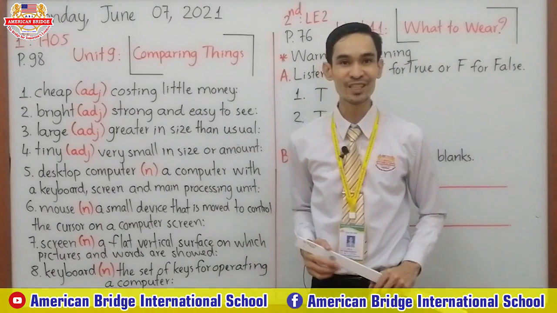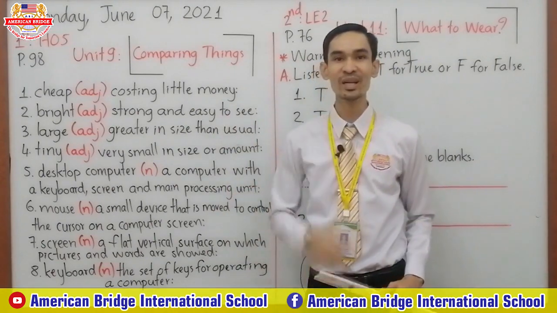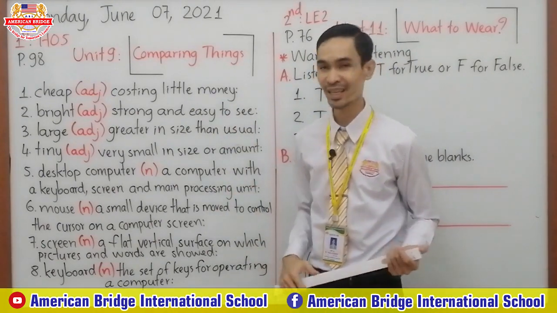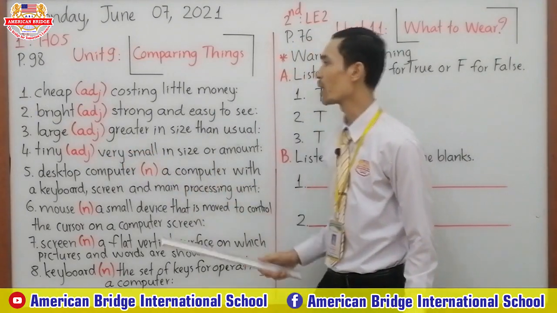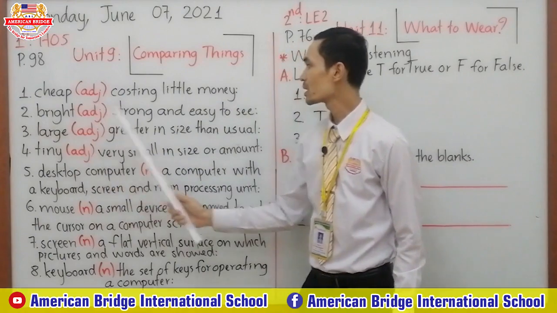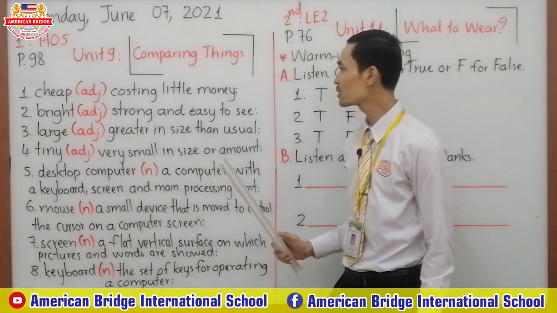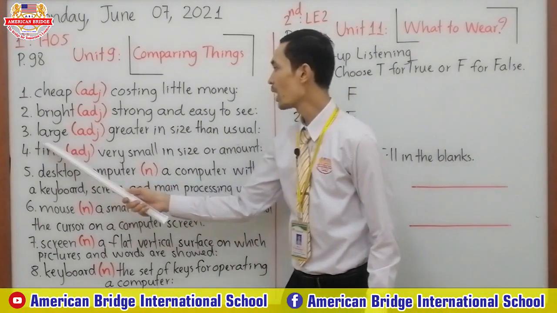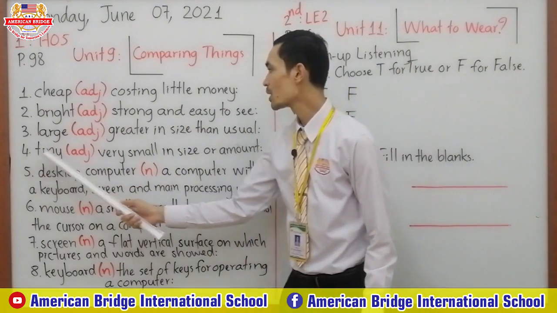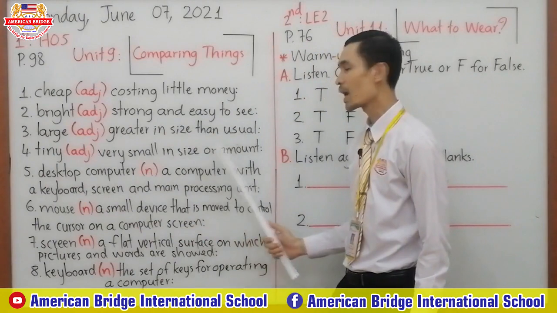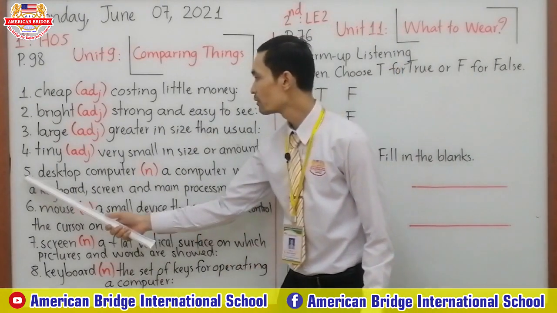Before we finish these words, let's read all the words and definitions again, everyone. 1. Cheap, costing little money. 2. Bright, strong and easy to see. 3. Large, greater in size than usual. 4. Tiny, very small in size or amount. 5.